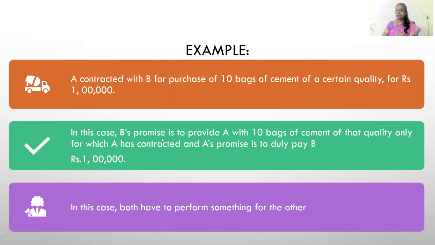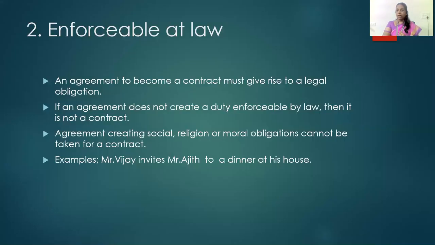The party selling the cement gives a consideration to the other party, and the other party is giving 1 lakh to A, which is a consideration given to A. So in this case, both of them have an obligation and commitment to perform. This is an agreement.